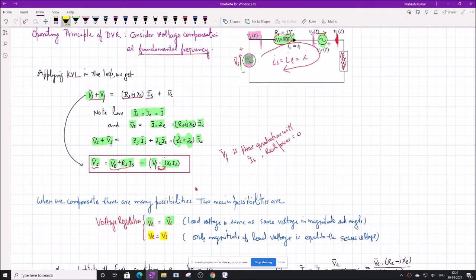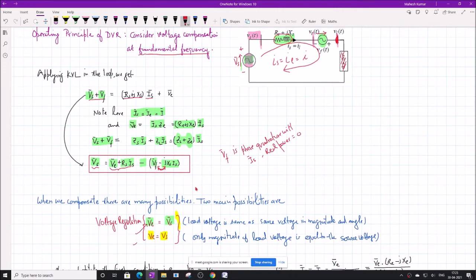Now you may say, what is the difference between these two conditions? Well, from the load point of view, both are acceptable. There is no problem as such, because the load won't judge what voltage comes to it, it finally derives the current depending upon the voltage. So as long as the voltage has the proper magnitude, it's not a problem for the load. But from the voltage controller point of view, this condition is more difficult to realize.